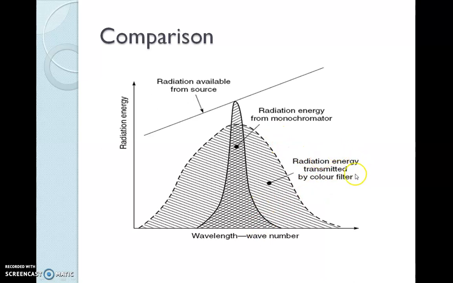This is the radiation energy transmitted by the color filter, which is used in colorimetric measurement, and this is the radiation energy of the monochromator, which is used in the spectrophotometer and gives narrower radiation energy. That is the main advantage of the monochromator compared with the color filter.